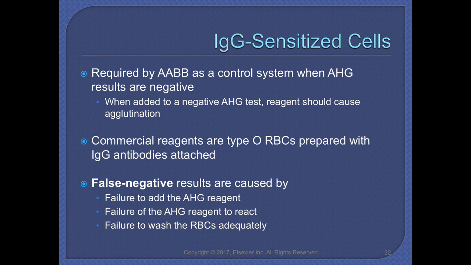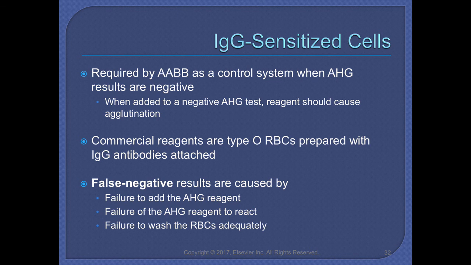Commercial reagents are mostly red blood cells that are prepared with IgG antibodies attached to them. False negative results can also be apparent, and these can be caused by failure to add the AHG reagent, failure of the AHG reagent to react with the sample, or failure to wash the red blood cells adequately.